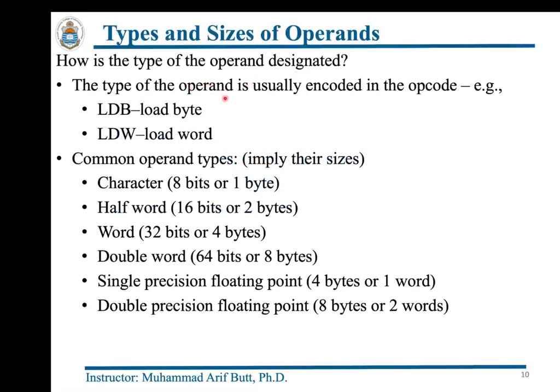The type of the operand we normally encode in the opcode, using load byte or load word, and the common operand types are character, which can be of 8 bits, half word of 16 bits, word of 32 bits, double words of 64 bits, and we can have single precision as well as double precision floating point values as well.